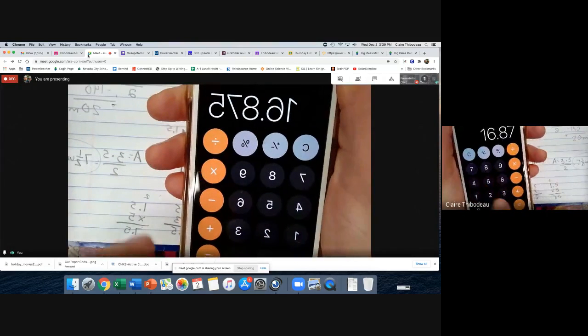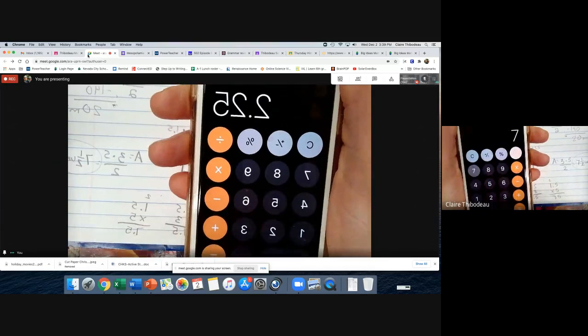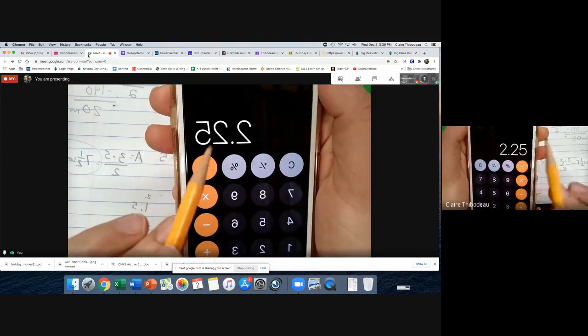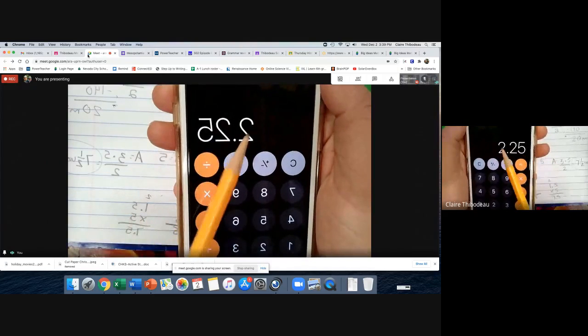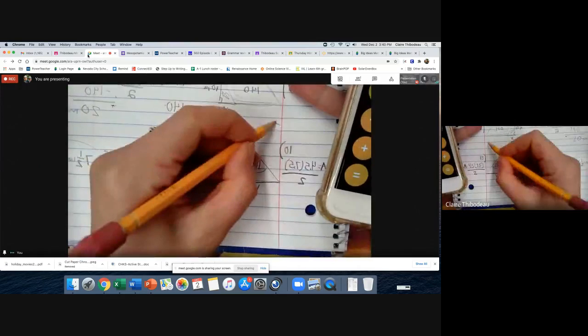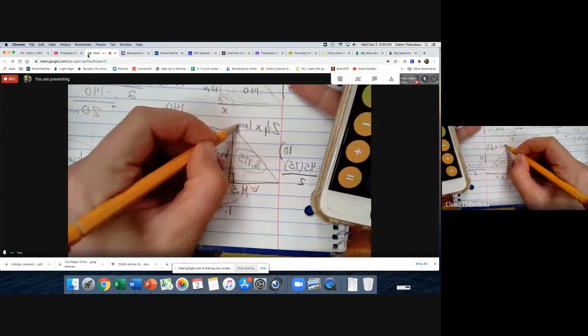I'm going to divide that by my other triangle, which was 7.5, and I get 2.25, which is the same as 2 1/4, right? Because 25 cents is worth a quarter. So 2 1/4. So this triangle is 2 1/4 times larger.